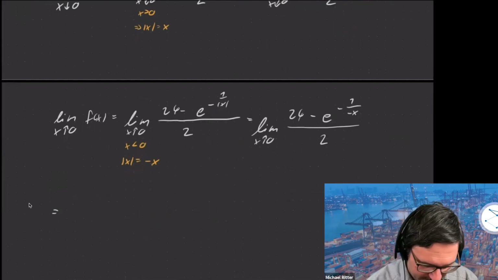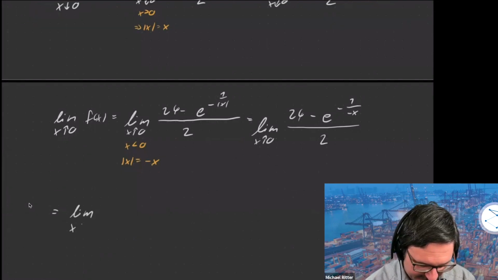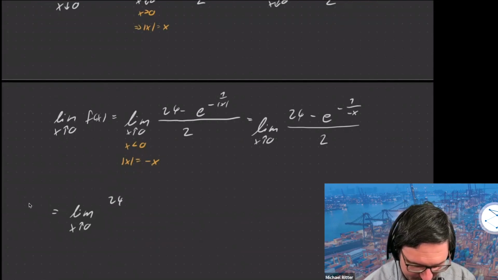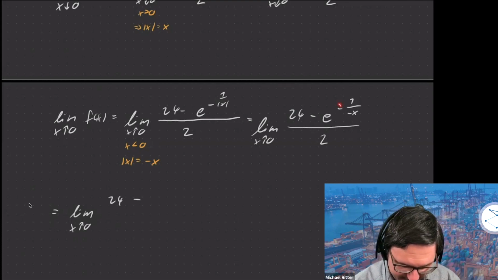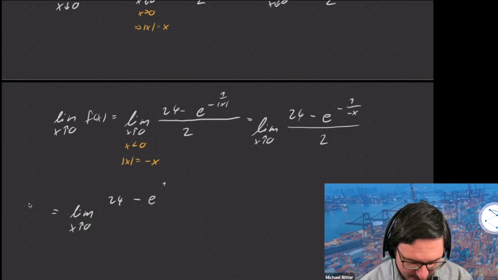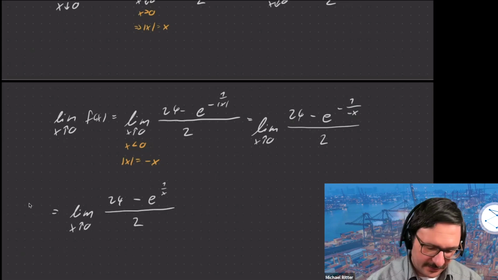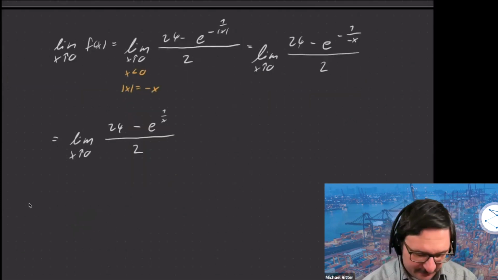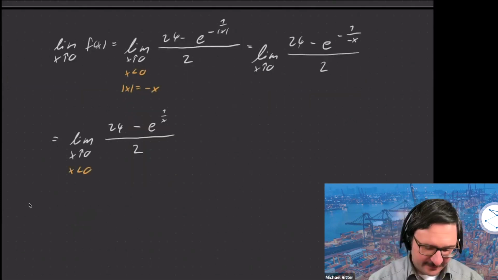Or, to simplify this just a little before we discuss it, that's 24 minus, and here we have minus times minus, that's a plus again. So this is e to the 1 over x, over 2. And I need to be careful here again, x is negative, right?